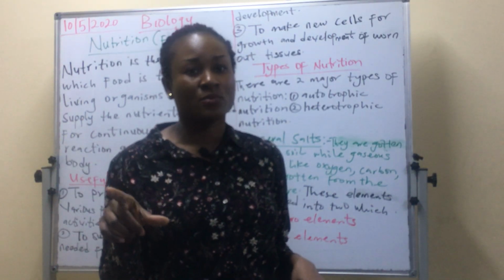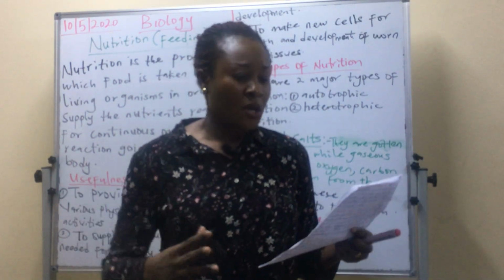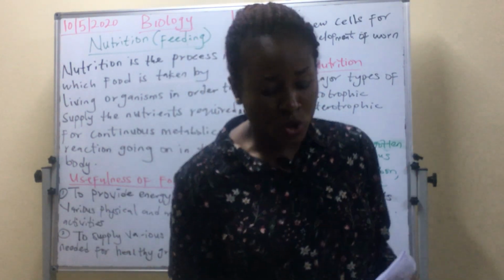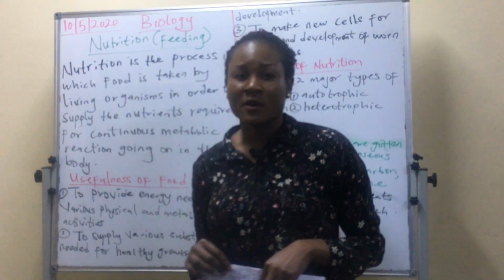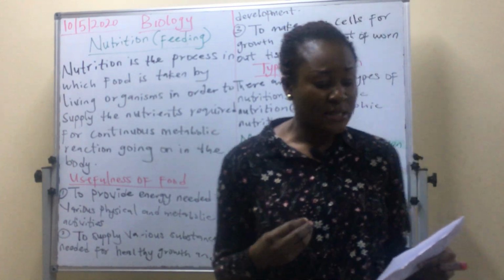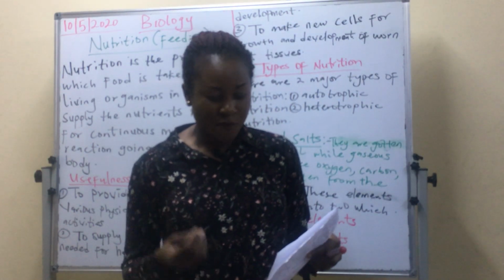Anytime you hear anabolism, it means building up complex organic molecules from simple ones in biological systems. What is an example of anabolism? Formation of fats and oil from fatty acid, or formation of starch from glucose.